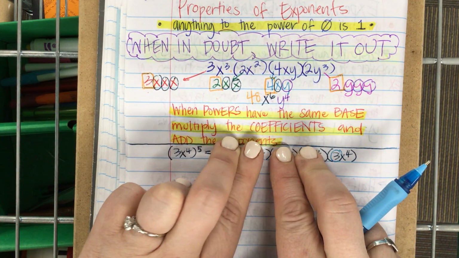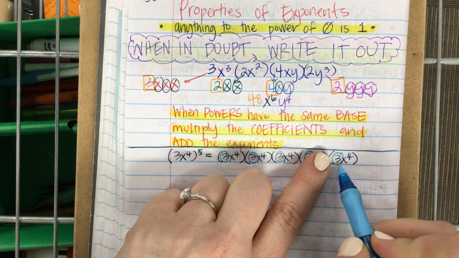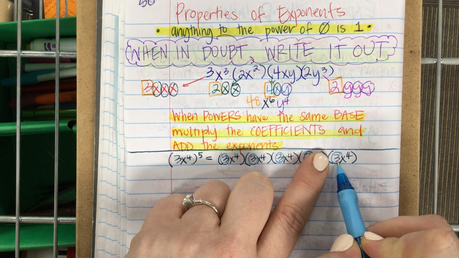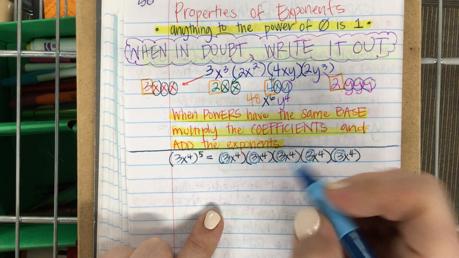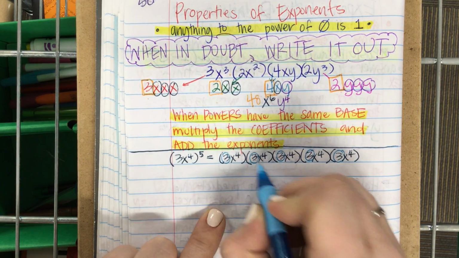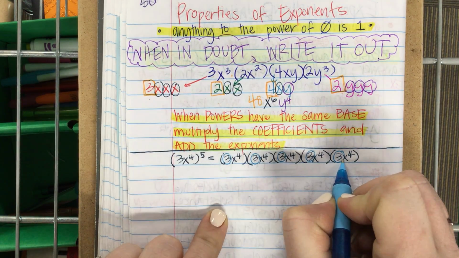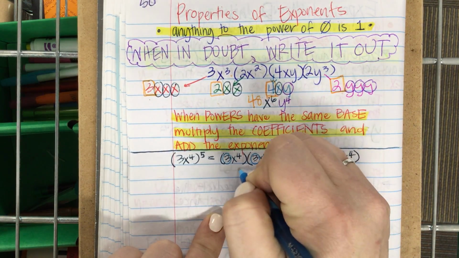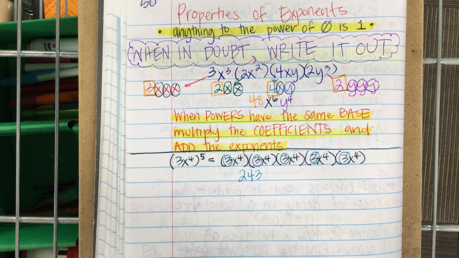What's 3 times 3? 9. What's 9 times 9? 81. So I'm at 81 and I've got one more. What's 81 times 3? So 3 times 3 times 3 times 3 times 3 is, you told me, 243. Okay.